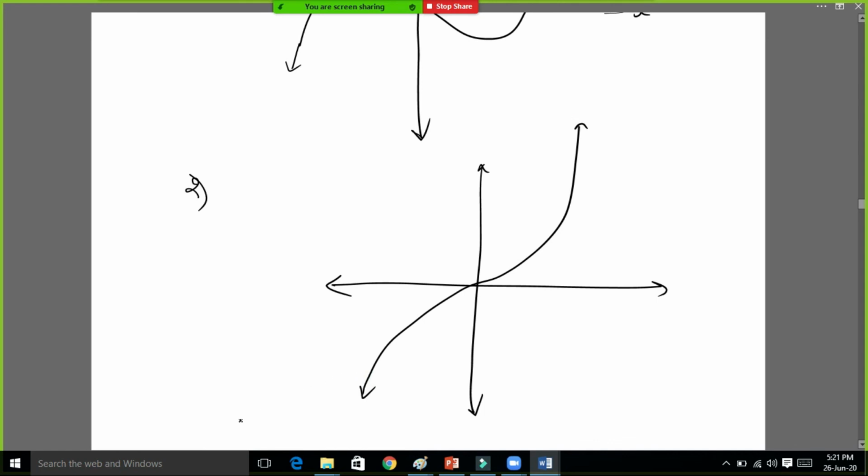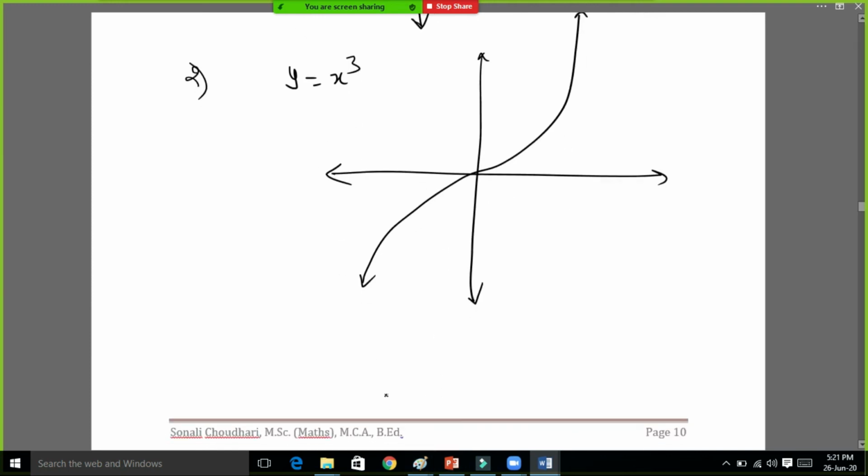This graph also tells us that this is a cubic polynomial. Actually this is the graph of y is equal to x cube, but since it only touches the x-axis at the origin, the polynomial has exactly 1 zero and it is equal to 0.